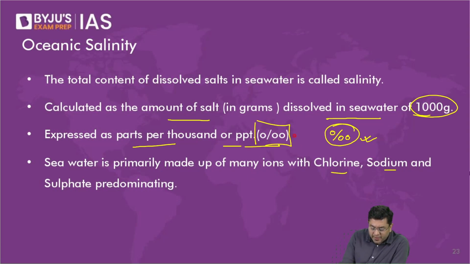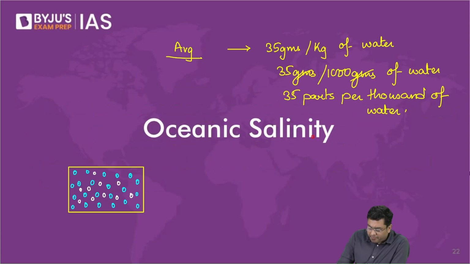So this is parts per thousand. We have explained it. What do we mean by parts per thousand? Parts per thousand means when you express salinity, salinity is always expressed in terms of the concentration of salt present in 1 kg of water.